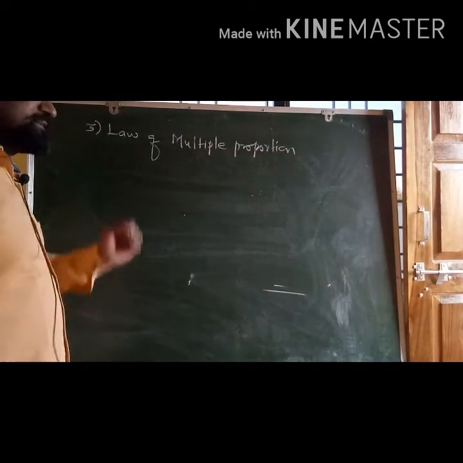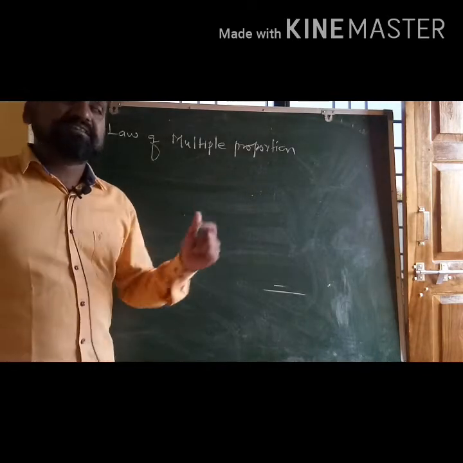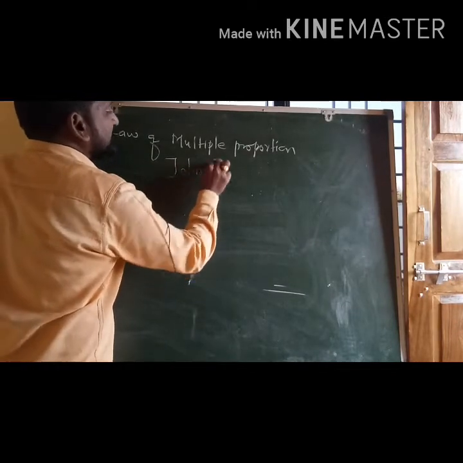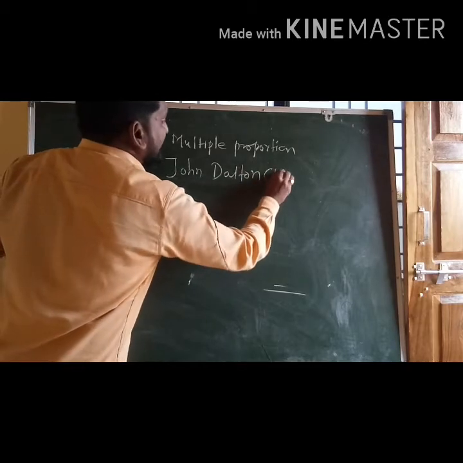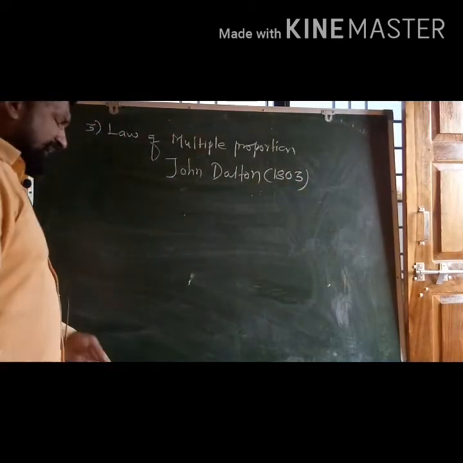Now what happened in this law? First we will see the father of this law, or who suggested this law. That scientist is very popular, John Dalton, in the year 1803.